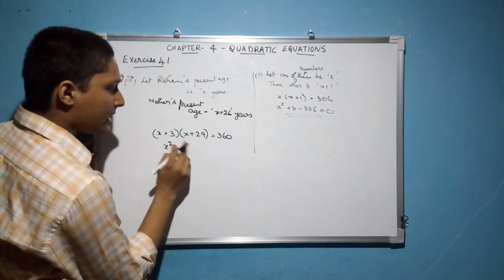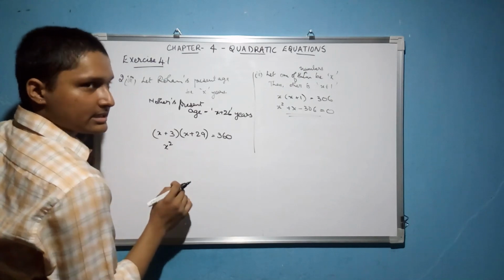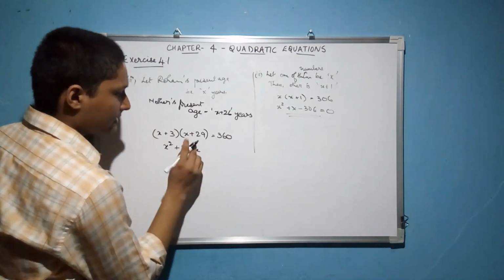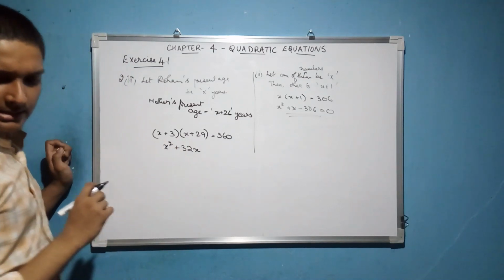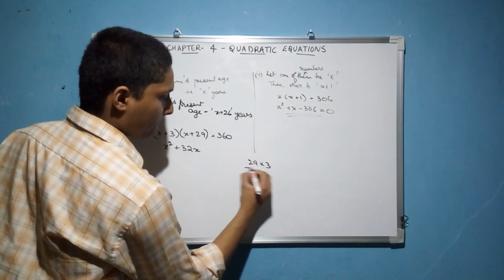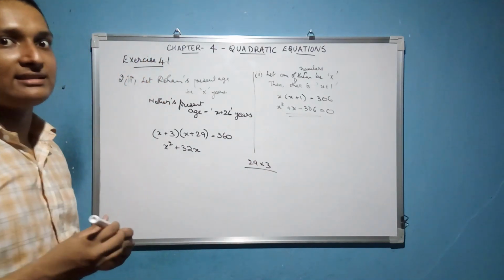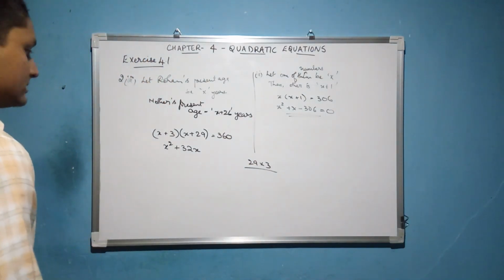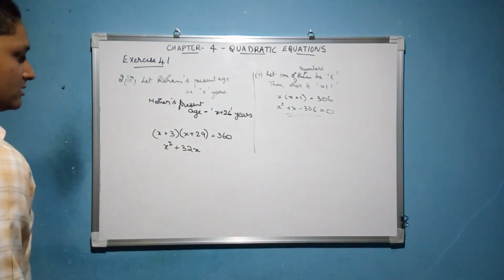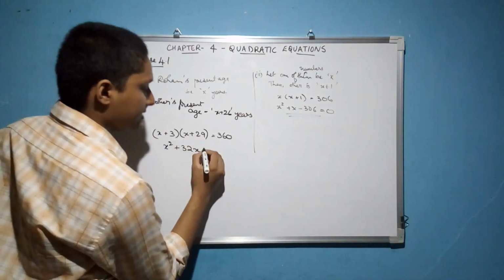That is going to be x square. 29 plus 3 is 32, so it is going to be plus 32x. Then 29 into 3: maybe I'll do 30 into 3 and subtract 3 from that, an easier step. So 30 into 3 is 90, 90 minus 3 is 87. So you're going to get plus 87 here.